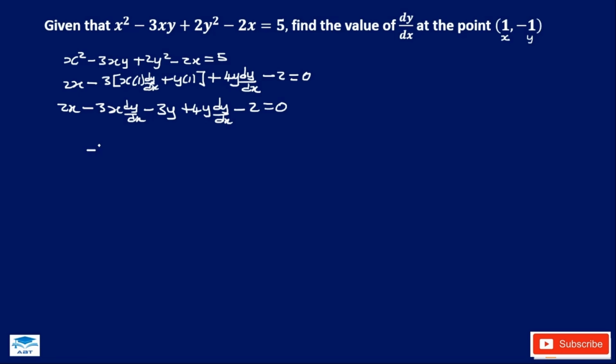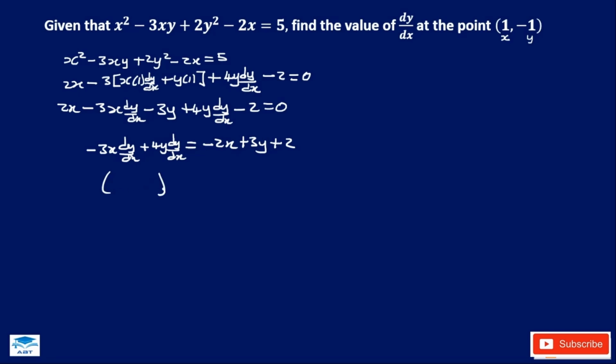So we have negative 3x dy/dx plus 4y dy/dx is equal to, we send this one there, we have negative 2x, and this will be positive 3y, and this will be positive 2.